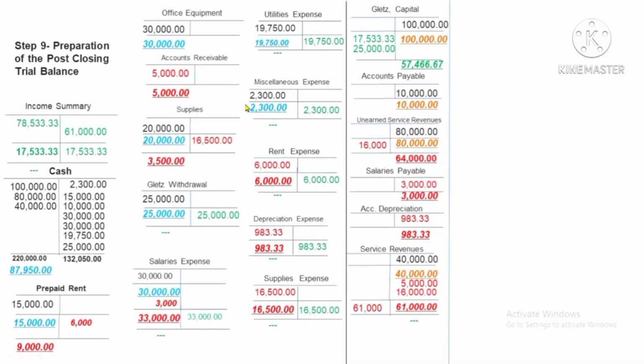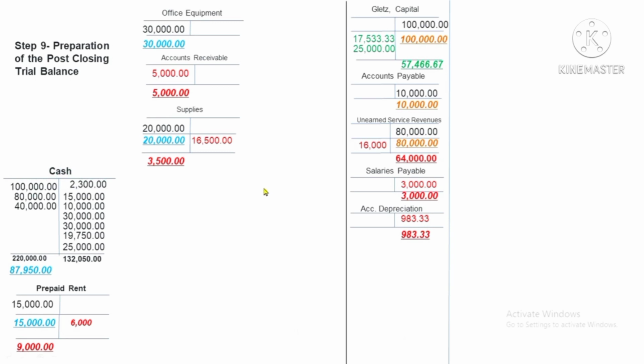Step 9 is the preparation of the post-closing trial balance, which is just a listing of these updated balances. So to make it easier, we should eliminate those account titles with zero balances. So here you go. Now let's make the post-closing trial balance. Let's start with the company name followed by the words post-closing trial balance and the date covered. So let's start with cash.